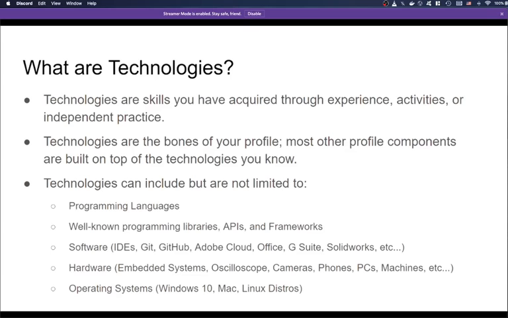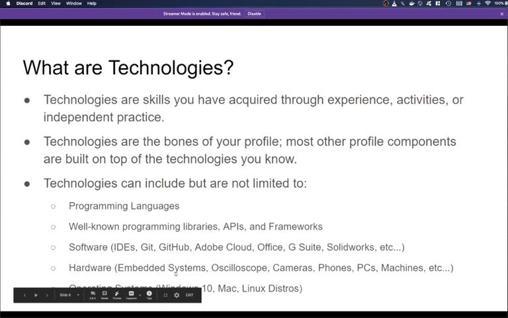So let's talk about examples of these technologies. We have programming languages, well-known programming libraries, APIs, frameworks. You also have software, IDEs, GitHub, Git, Adobe Cloud, basically just standard software. Normally, when people are looking for technologies, especially in the business world, you're thinking in terms of software. As programmers and developers and electrical engineers, when we think of technologies, we're more thinking about hardware and programming languages and libraries.